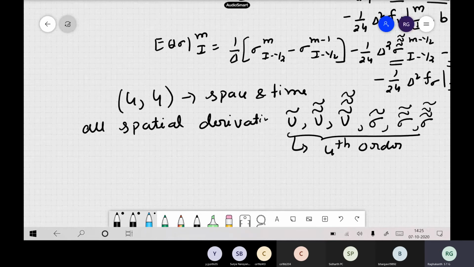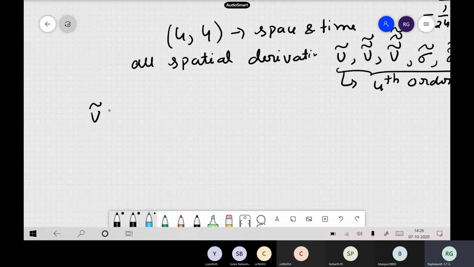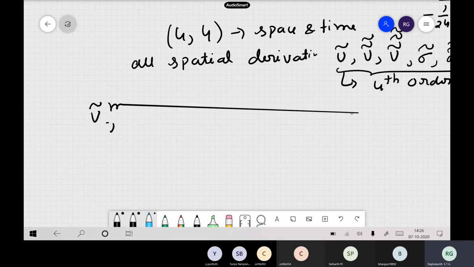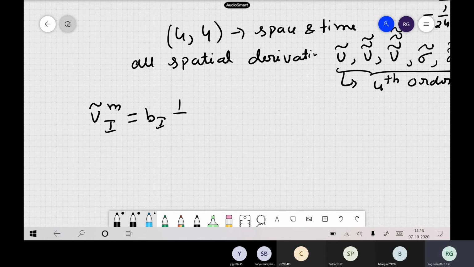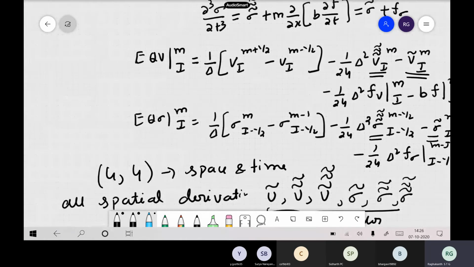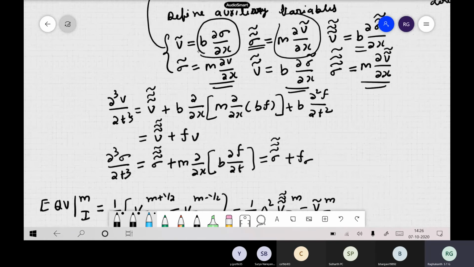Fourth order scheme means we have already written it, 9/8, 1/24 and other things. So I will write for one. If you see this v hat, you write this expression as 1/h. What is v hat? Just see this expression. v hat is nothing but b into ∂σ/∂x, and sigma hat is nothing but m into ∂v/∂x itself.